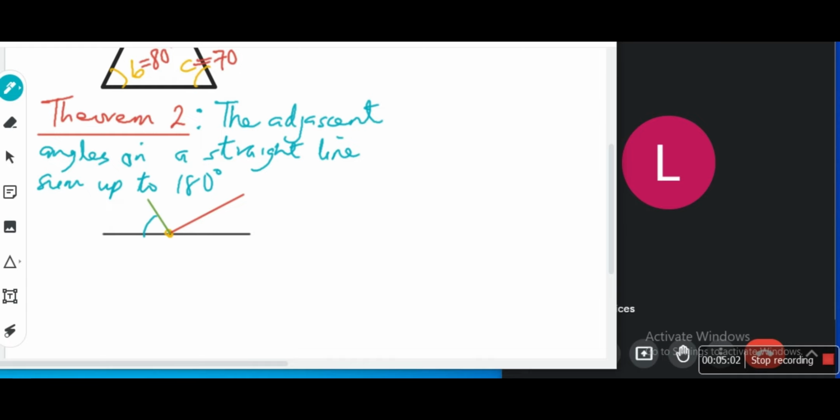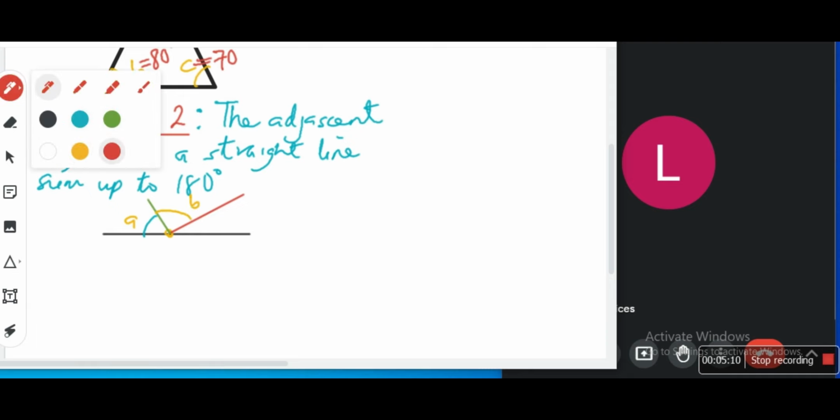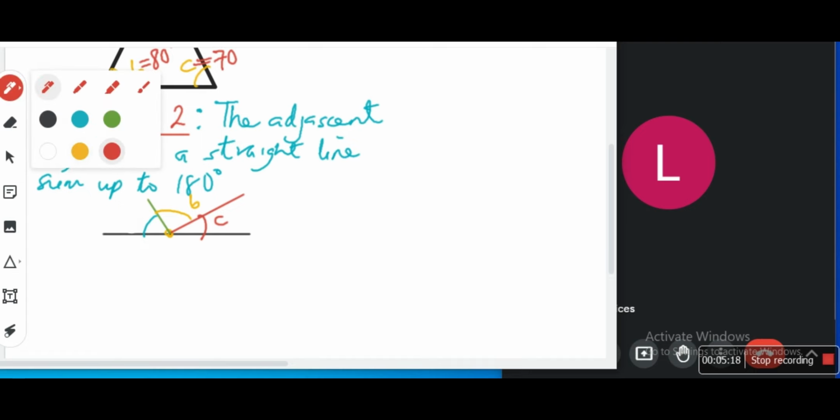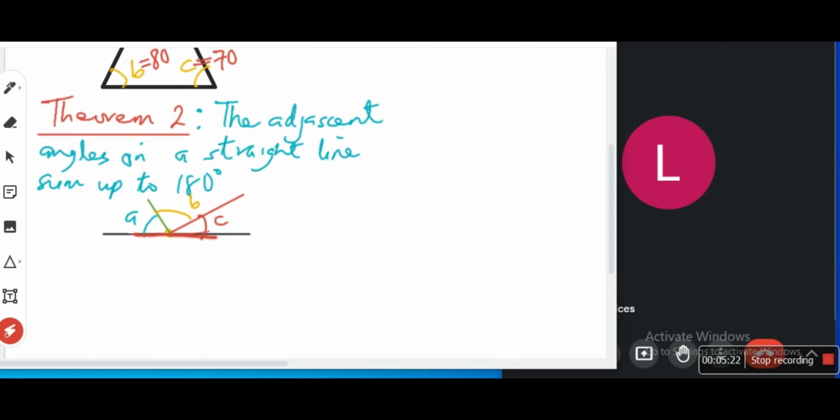If this one is A and this one is B and this one is C, like we gave in the other case, all of them must sum up to 180 degrees. But they must all meet at a point for that to happen.